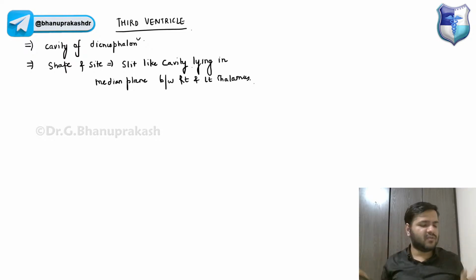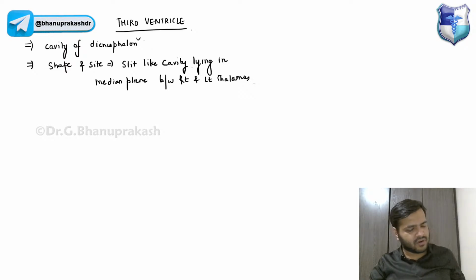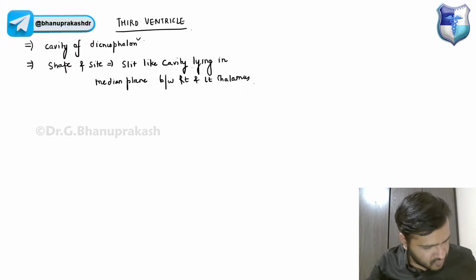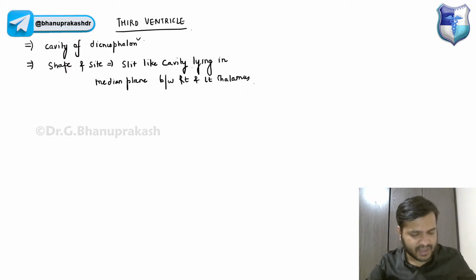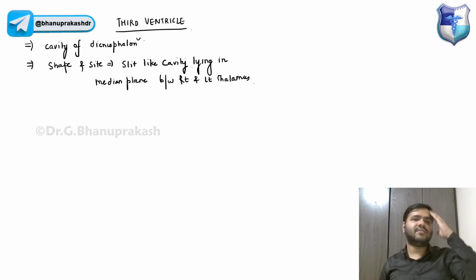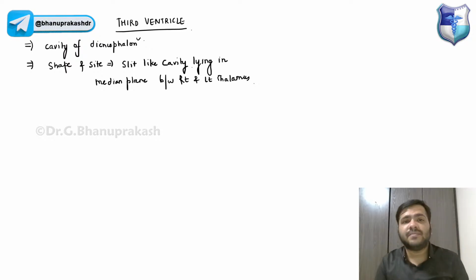It has an irregular outline, guys, so no need to worry. It is a slit like cavity lying in the median plane between the right and the left thalamus, right?